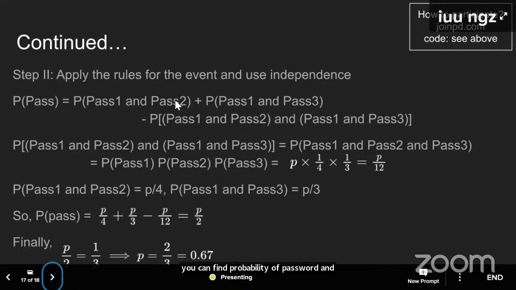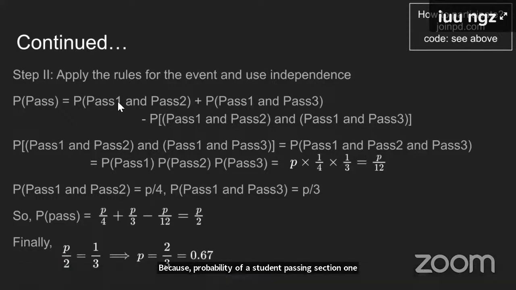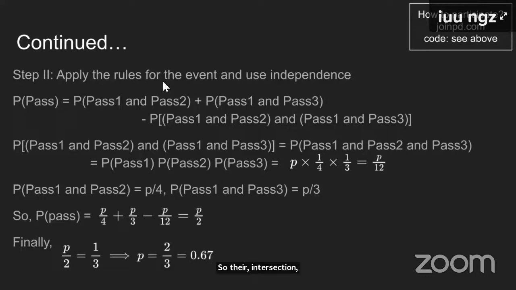That would be probability of pass 1 times probability of pass 2. That is nothing but P times 1 by 4, because probability of a student passing section 1 is P and probability of student passing section 2 is 1 by 4. So the probability of intersection would be P by 4.